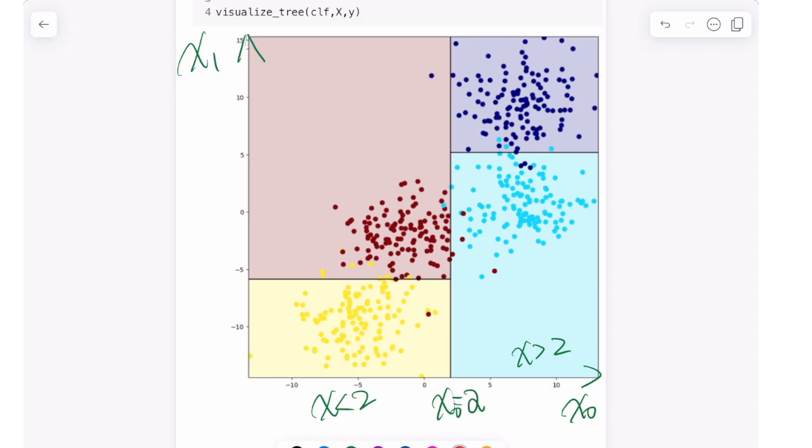For example, we can firstly draw this line to separate the dark blue ones on the upper side from all the others right here. And then we use this line to separate the yellow data points from the brown ones and blue ones. And then we use this line to separate the browns and blues.